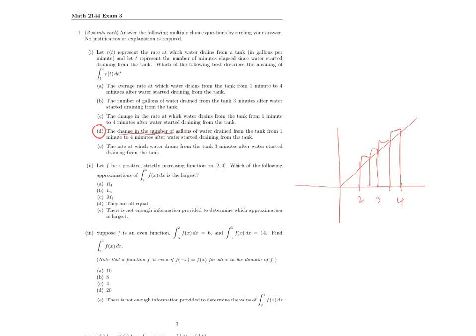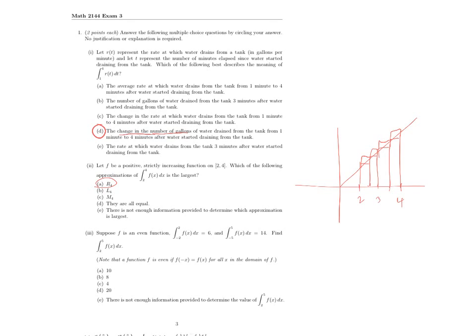The left-hand sum would be an underestimate. And the midpoint would be smaller than the right-hand sum. So if it's strictly increasing, then the right-hand sum would be the greatest.